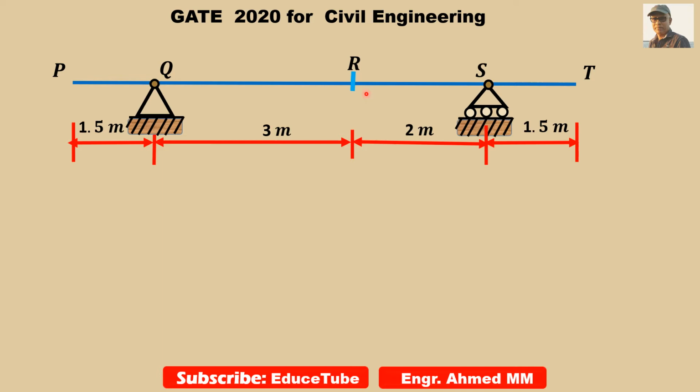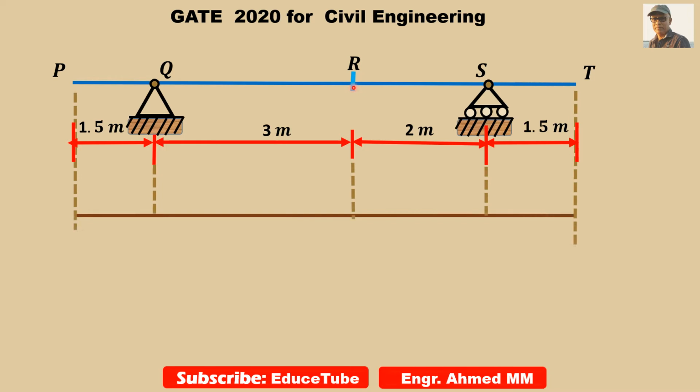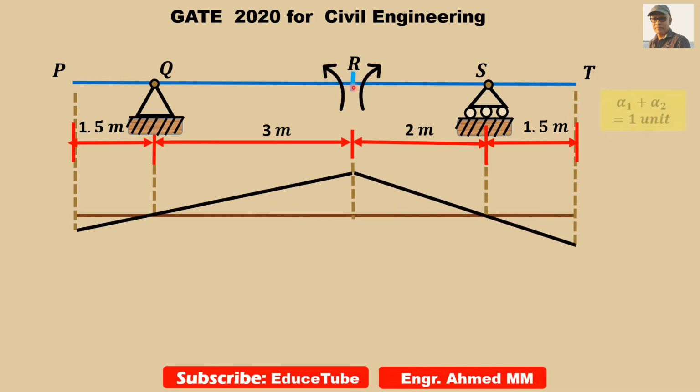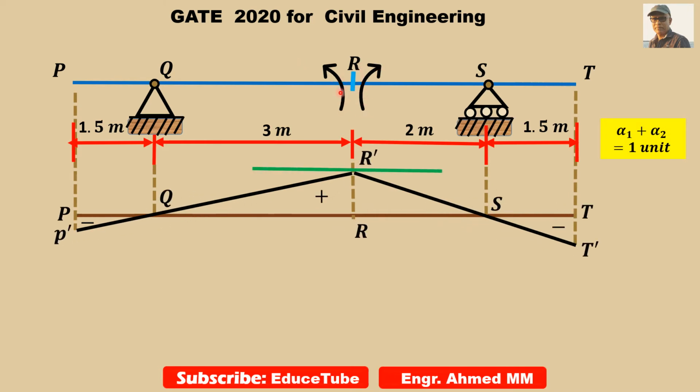So to find the influence line for an internal moment at this point R, we are going to add a hinge to the beam. Once we put a hinge to the beam at this point, it will rotate the beam at this point by a total of 1 unit, I mean 1 radian.